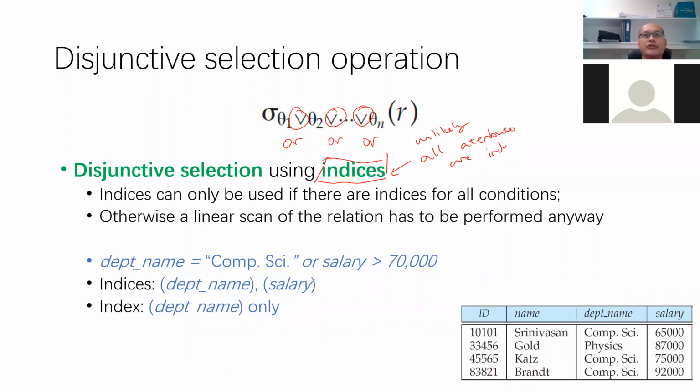At least in practice, it is highly unlikely that this occurs. And so what is usually done is that a linear scan of the entire relation has got to be performed. So when we do disjunctive selection, it is common to unfortunately carry out a linear scan of the relation.